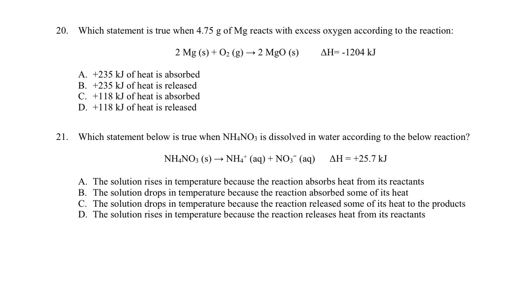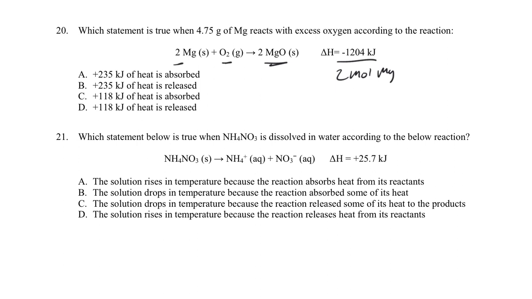All right, question 20 out of chapter 5. So we have 4.75 grams of magnesium reacting with excess oxygen. According to this reaction here, the delta H is minus 1204 kilojoules, but this is per 2 moles of magnesium. It's per 1 mole of oxygen, per 2 moles of MgO forming.